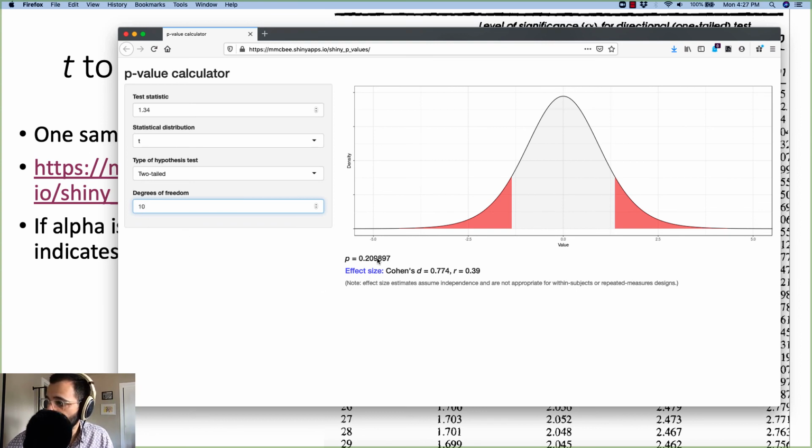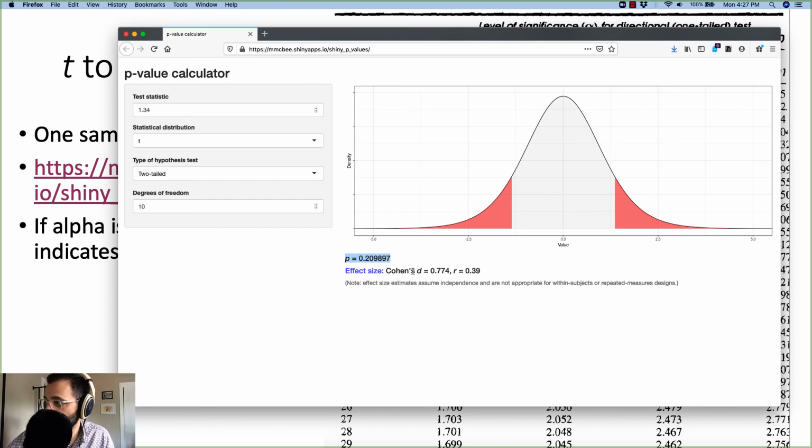With all that factored in, the p-value it gives us is exact. It doesn't tell us whether it's more or less than some other value, so we've got a p-value of 0.2, meaning that we have a finding here that's not significant, so we would fail to reject the null hypothesis.